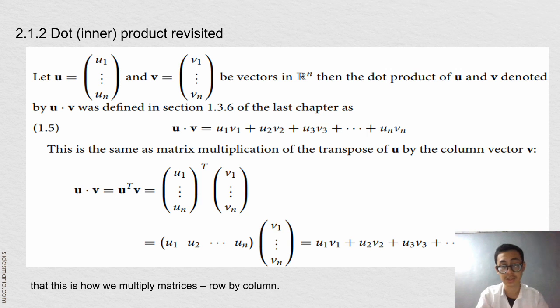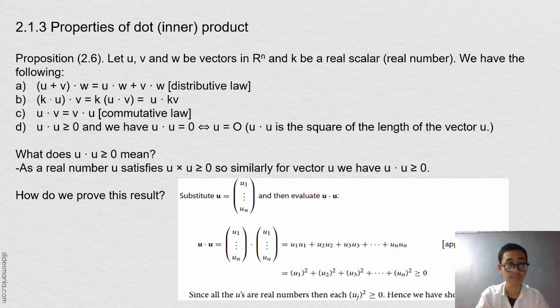This is the same as matrix multiplication of the transpose of u by the column vector v. Properties of dot inner product.